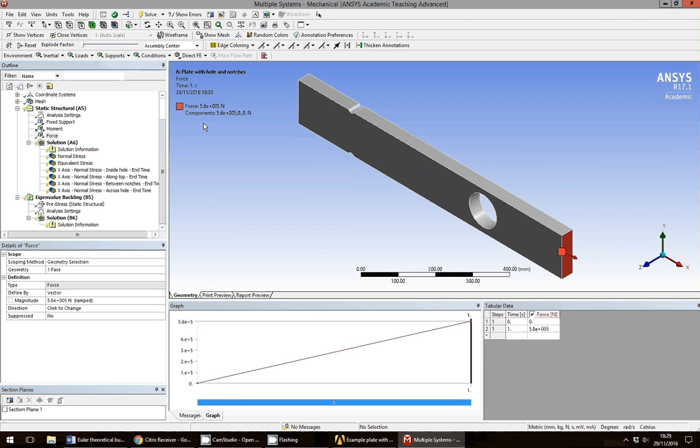Now we know tension doesn't cause buckling, but Ansys will not object to this. It'll actually apply a negative factor to reverse it. It's probably more intuitive to change this into a compression load, but in a real structure, we don't know exactly what direction of loading in a complex structure will cause buckling.